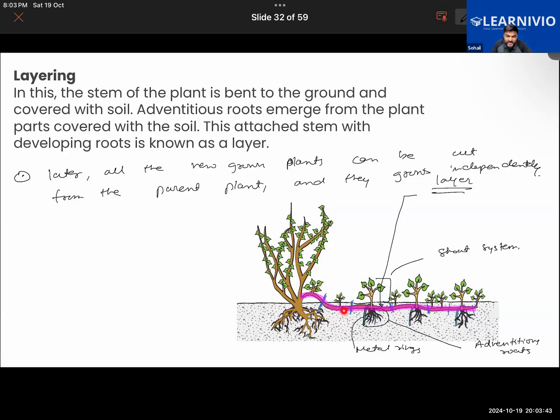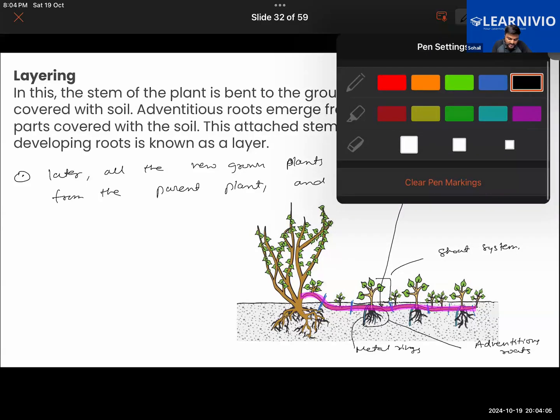Earlier, while they were still attached to the parent plant, when we had not cut them, they were getting nutrition from the parent plant also. But once you have cut and separated them, the new plant will be obtaining nutrition from the soil. Or you can take it from here and plant it somewhere else also.